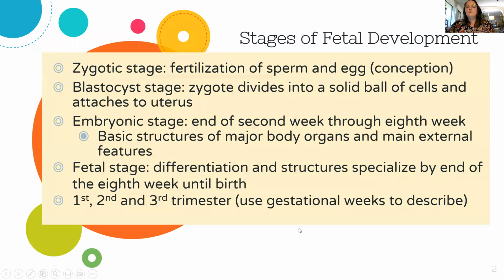So in some courses, you might be required to memorize the stages of fetal development, and they're listed out for you: zygotic, blastocyst, embryonic, and fetal stage. What I really want you to take away from this is that we describe pregnancies in trimesters, and so 12 weeks at a time. And as you become a professional working in this area, we no longer describe pregnancies in months.